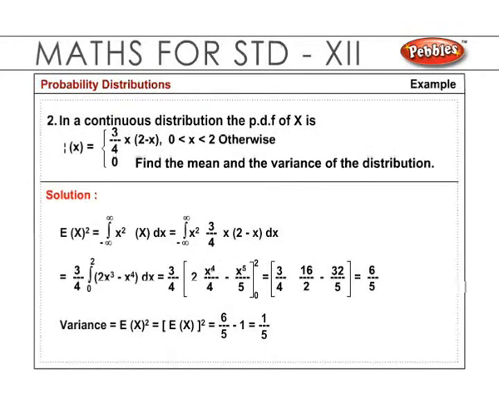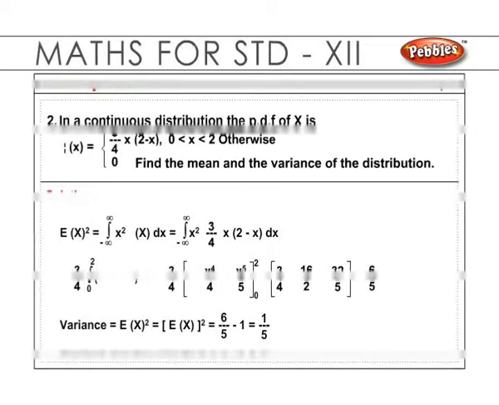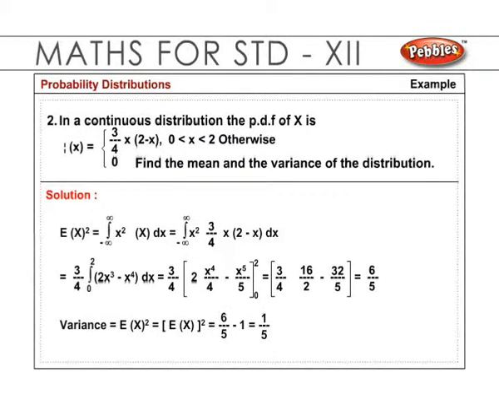Integrating with limits 0 to 2, we have E of x squared is equal to 6 by 5. Variance is equal to E of x squared minus the whole E of x squared, which is equal to 6 by 5 minus 1, which is equal to 1 by 5.